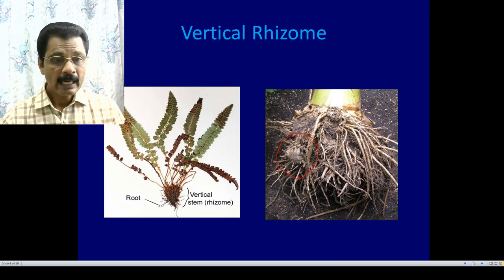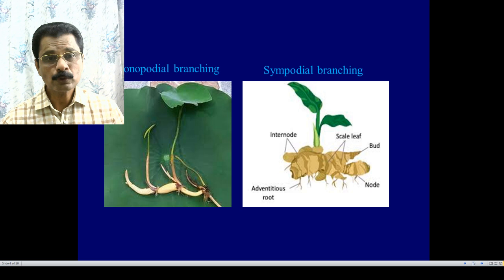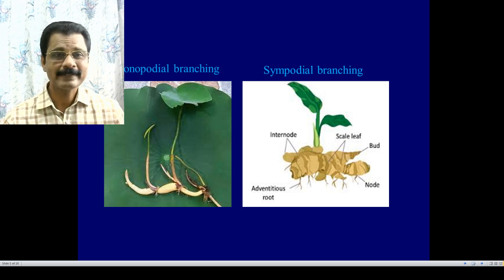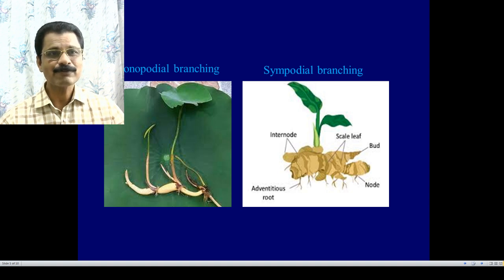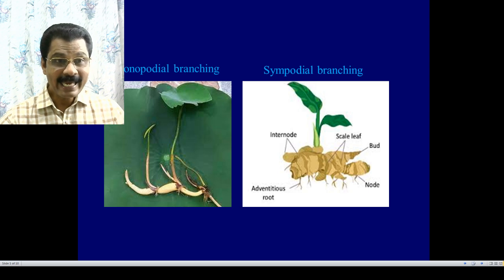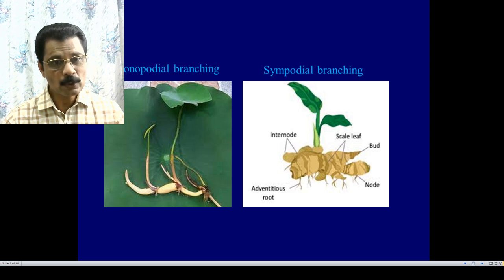And the horizontal rhizome is also there. Horizontal rhizomes are of two types. Horizontal rhizomes grow horizontally below the surface of the soil. And they are of two types. One is called monopodial branching type, as in the case of lotus, where the primary stem continues to grow.